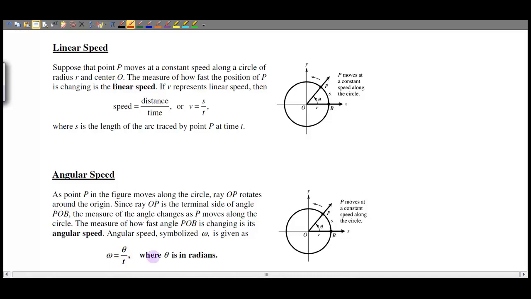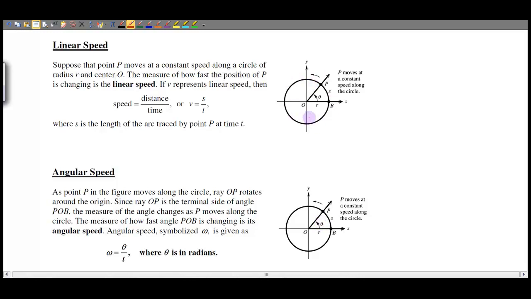It's always listed in radians, just like in arc length and area of a sector. We need to make sure we're in radians. The difference here is that P is traveling along the outside of the circle, and that's the linear speed. Here we're talking about the speed that theta is changing. What is the rate at which theta is changing?